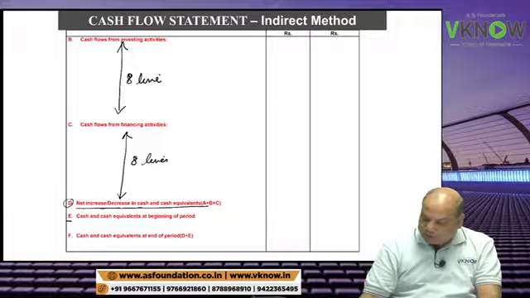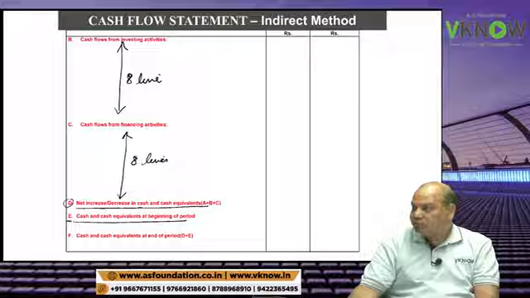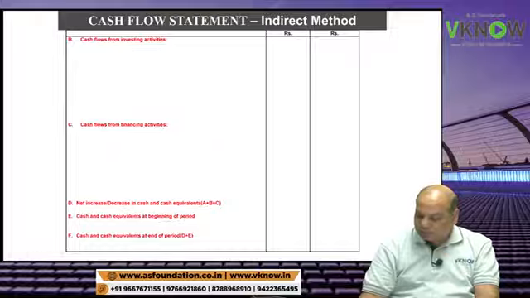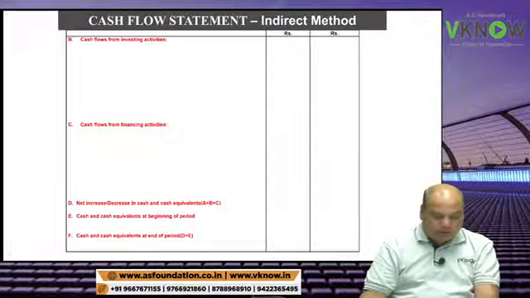Point number E, cash and cash equivalent at the beginning of the year. 2 lines, 1 line blank. Then write down cash and cash equivalent.